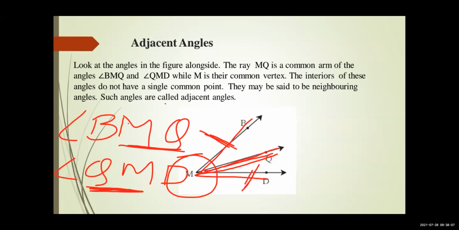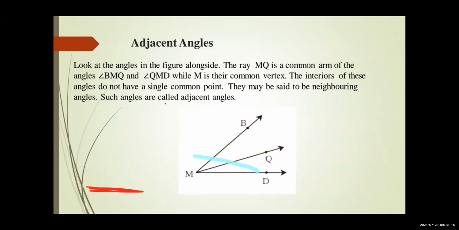Adjacent angles: you have to see what an adjacent angle is. Adjacent angles have a common vertex. You can see over here, there is a common vertex and a common arm. It is one arm which comes in this angle and in this angle, and it has a separate interior.